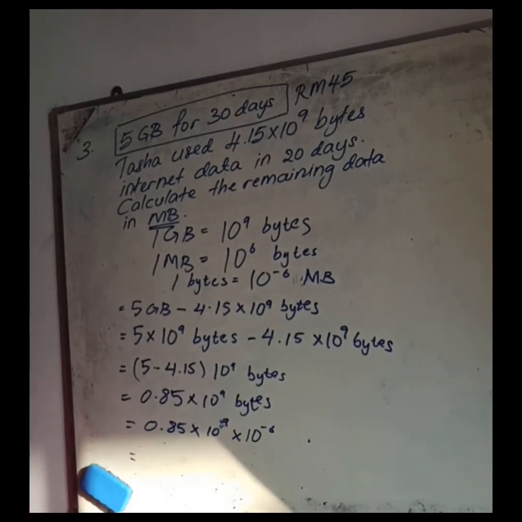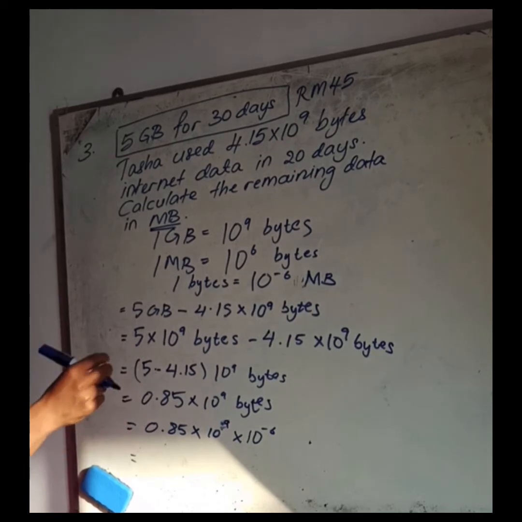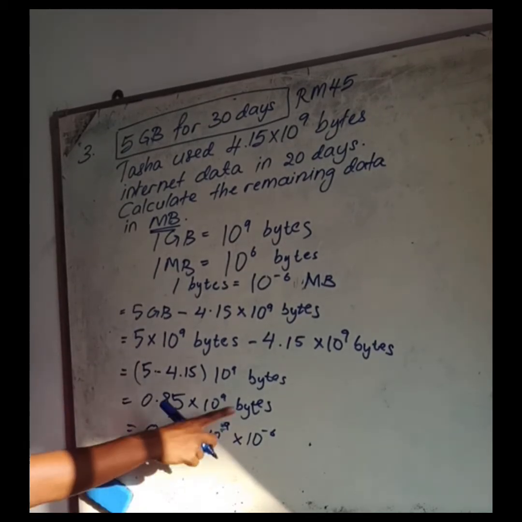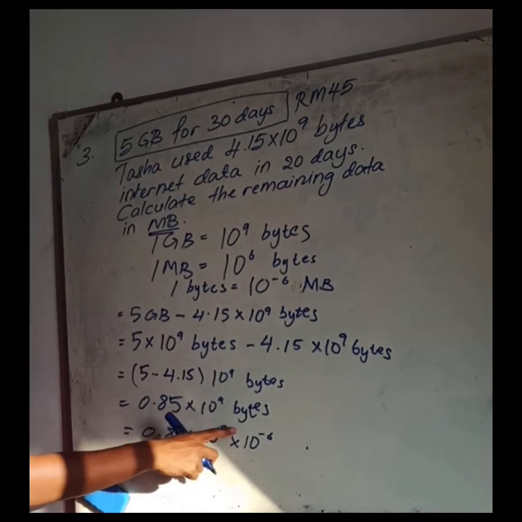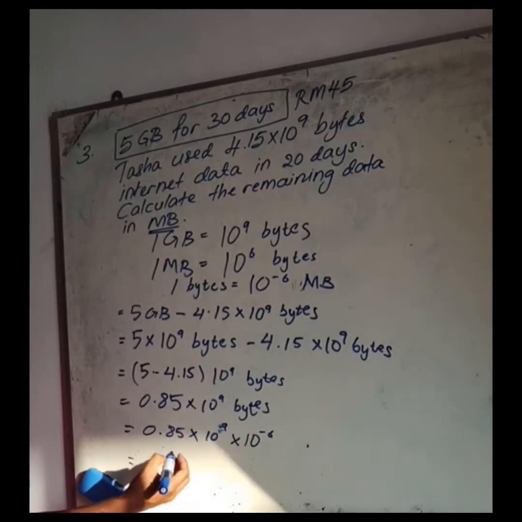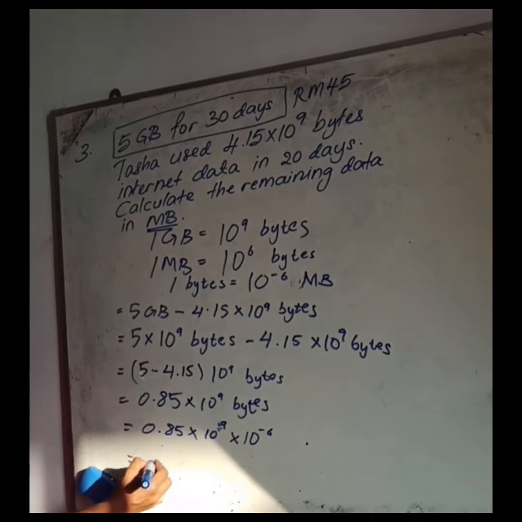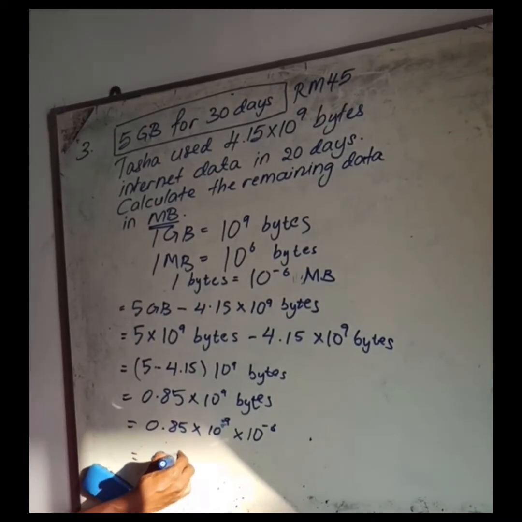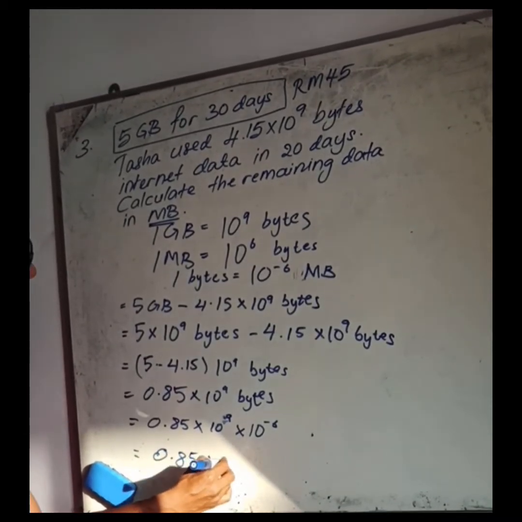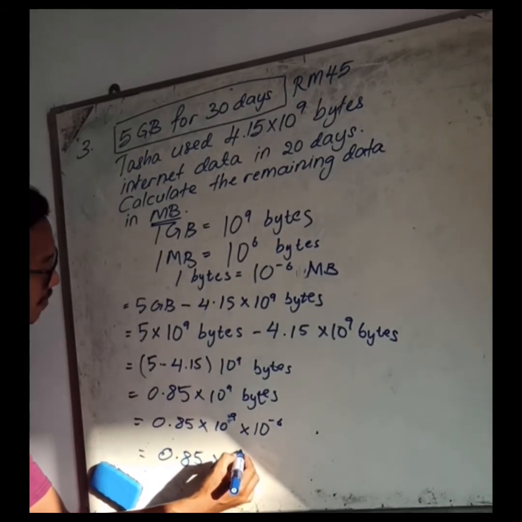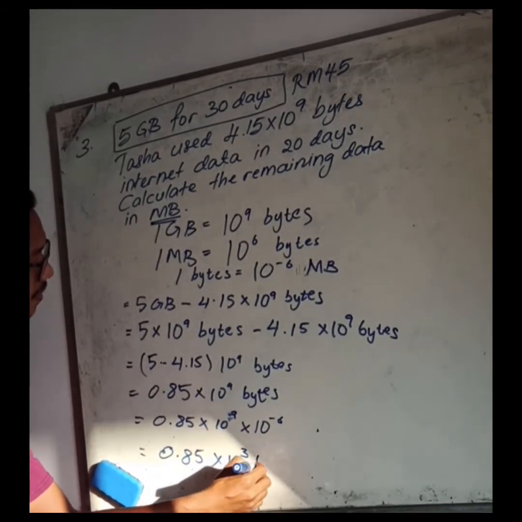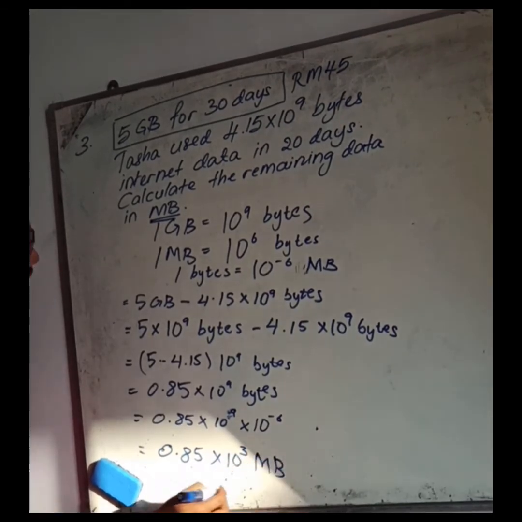So, basic law of indices. Just subtract this number, 9 and 6. 9 minus 6 is 3, so the final answer is 0.85 times 10 to the power of 3. That would be in units of megabytes.